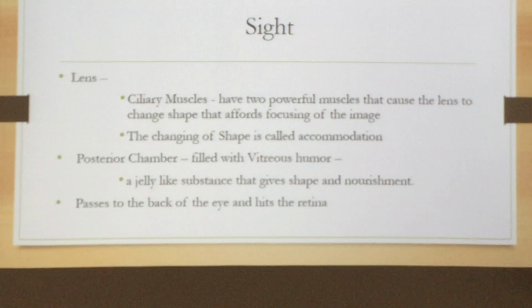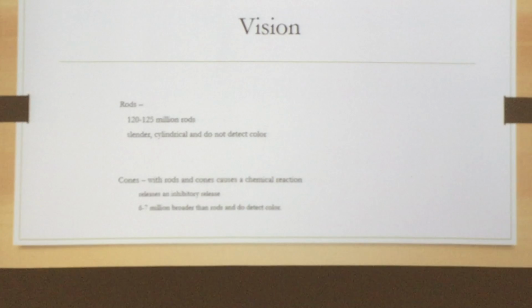This changing of the shape so it can focus is called accommodation. The posterior chamber, filled with vitreous humor, it too is a jelly-like substance. Now the light will pass to the back of the eye and it'll hit the retina. There are three layers of visual cells, the first being the rods and the cones. There are approximately 100 to 120 to 125 million rods per eye.